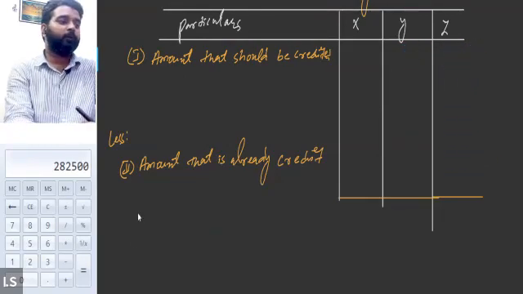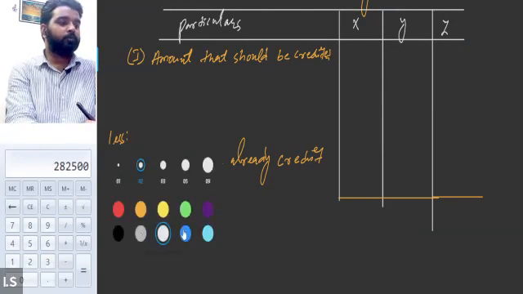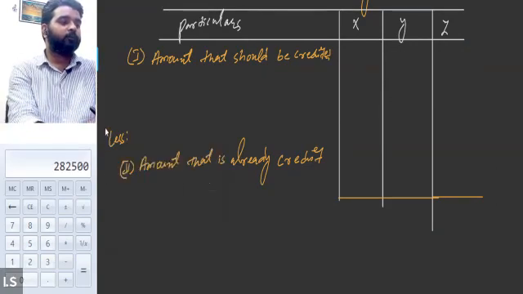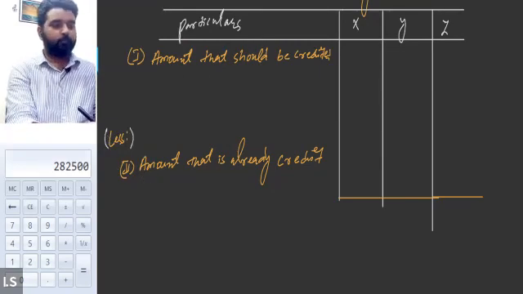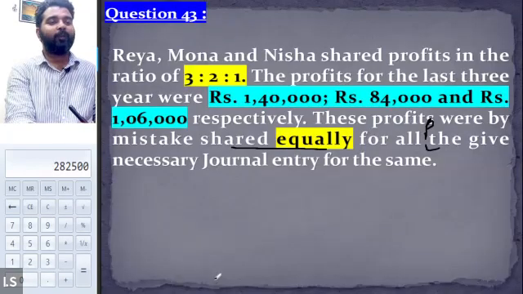Okay, Aman and Halima, just tell me how much profit the firm has generated in the last 3-year period. The firm has generated the profit of 1,40,000, 84,000, and 1,06,000, right? Yes.